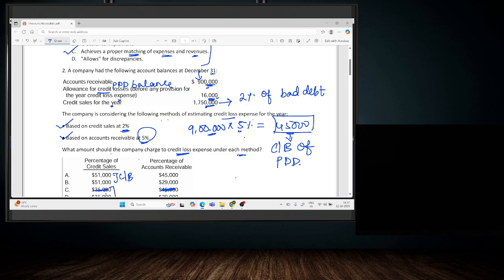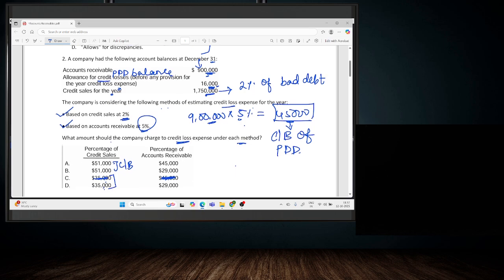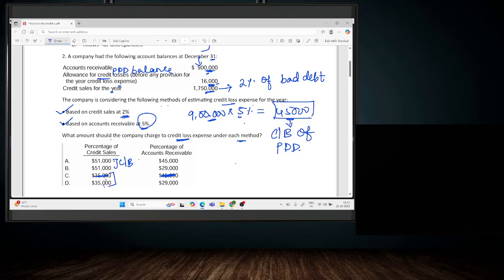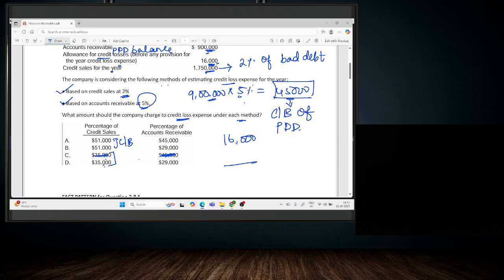What is the top up the company should do? Already they have 16,000, but they should reach a balance of 45,000. So how much should be added? 45 minus 16, we get 29,000. So 29,000 rupees should be added to the provision for doubtful debts, so that the closing balance becomes 45,000 at the end of the year.